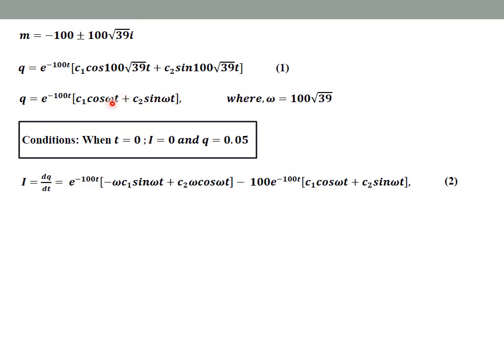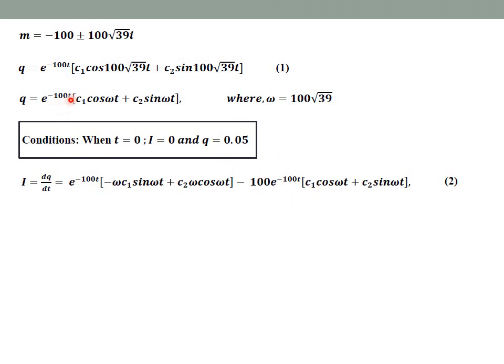Differentiation of cos omega t is minus omega sin omega t. Plus differentiation of sin omega t is omega cos omega t.